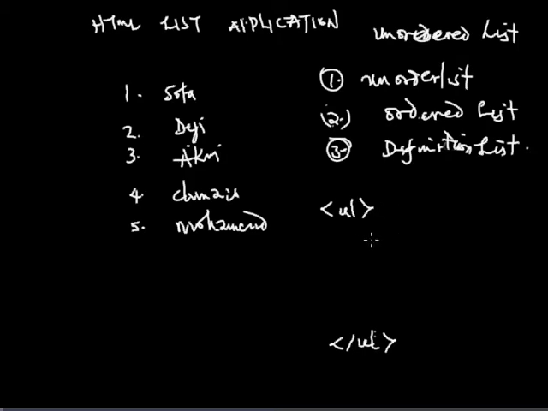Let's take this list that we have here, Shola, Deji, Akin, Chinaza, and Mohammed, and use it as an example. The default bullet is the first one that was mentioned here, and you can control it based on the attribute inside your UL.